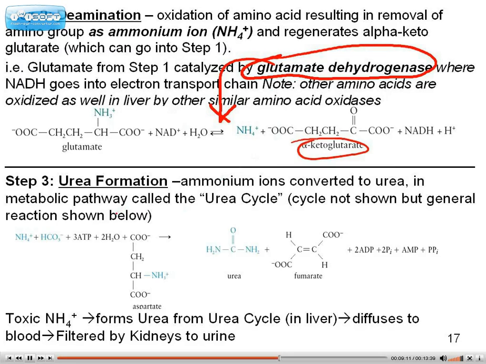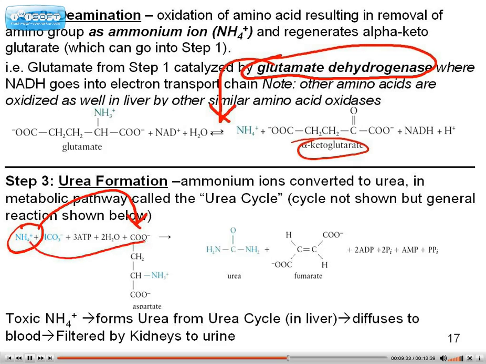Again, we're not going to be focusing on what happens to aspartate just due to time limitations. Now, in this form, ammonium just can't sit there and leave the body. It needs to have a transport vehicle, so to speak. So what happens is it's going to react with 3-ATP, water, and aspartate.